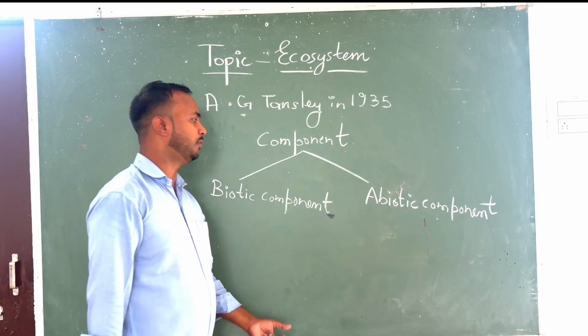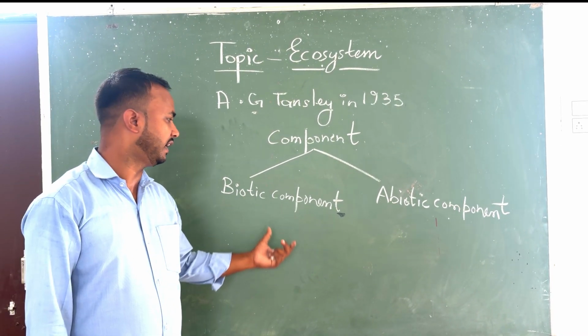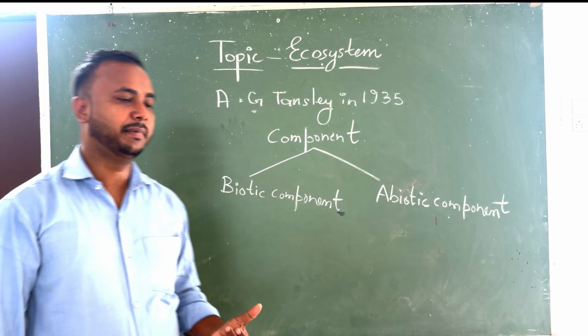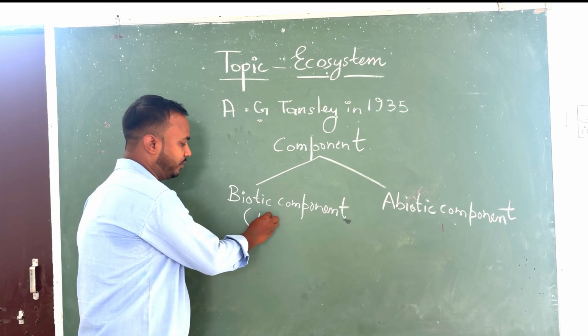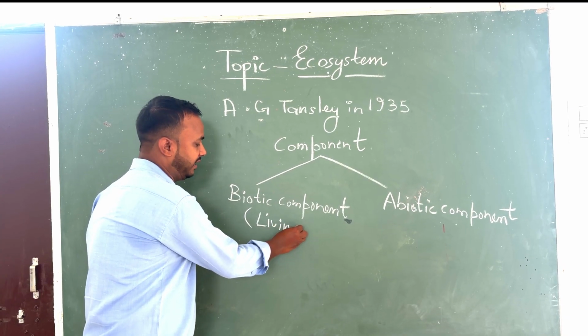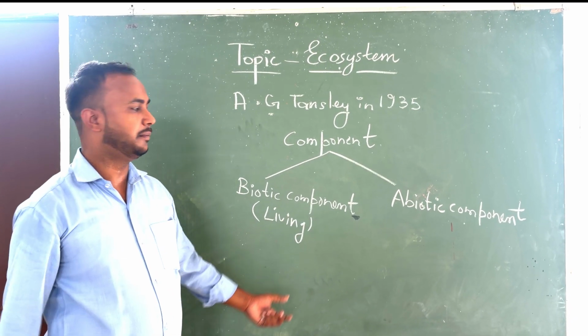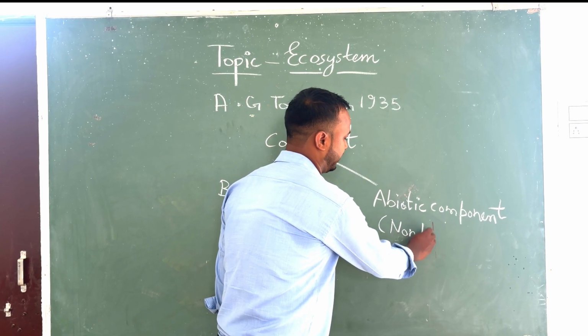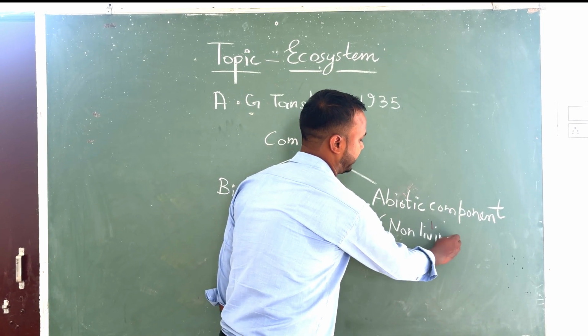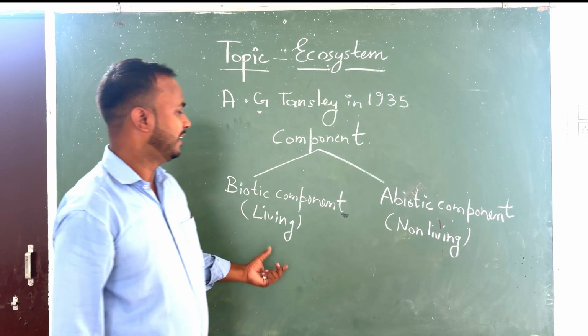There are two main components of ecosystem, biotic component and abiotic component. Biotic components are the living components. The components that are living are known as biotic components and the components that are not living are known as abiotic components.